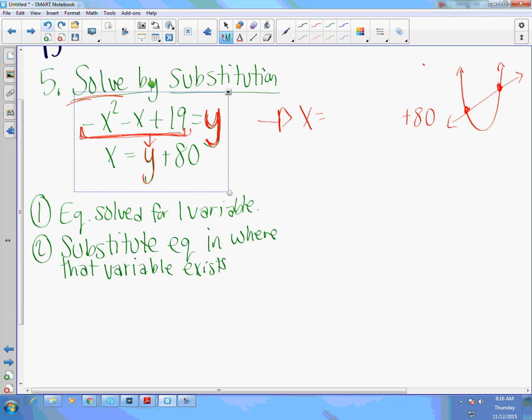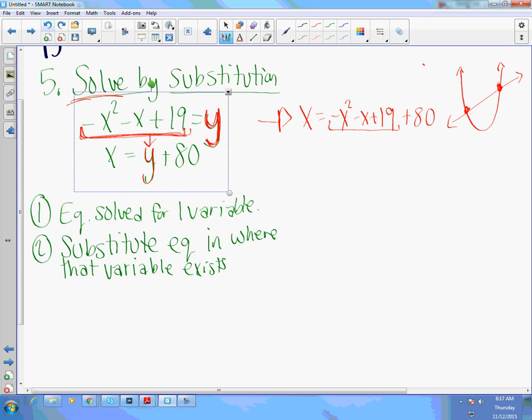Instead of y, what should I plug in? Better? Good. So this was equivalent to y. So you substituted y with that trinomial. Does that make sense? Yes or no? Okay.